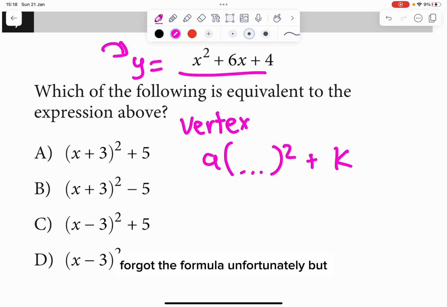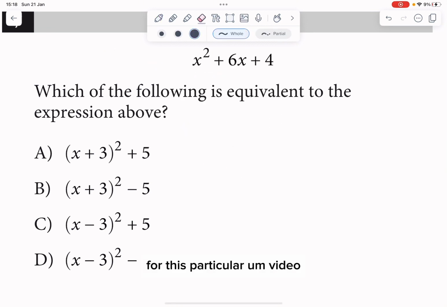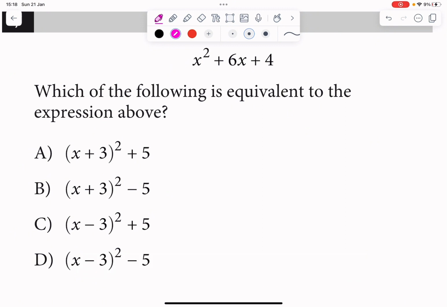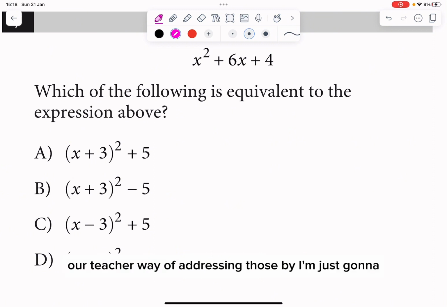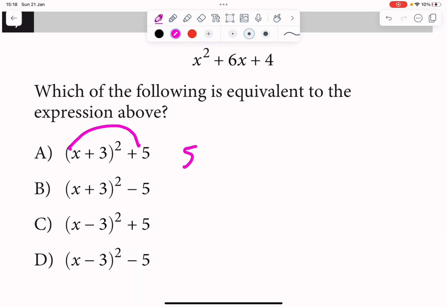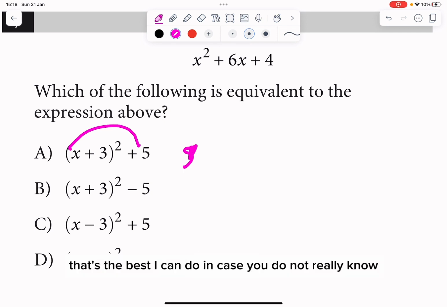I forgot the formula, unfortunately, but for this particular video I cannot really remember how to approach this, so I'm just gonna apply our teacher's way of addressing this. I think I'm just gonna simplify that, I guess. So yeah, that's the best I can do.